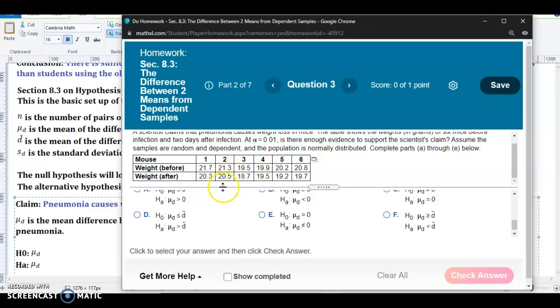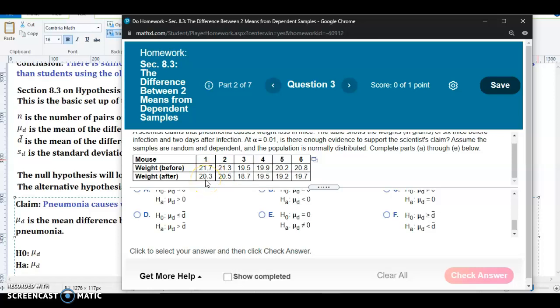So our sample data seem to support the hypothesis that weight loss occurs after being infected with pneumonia. For example, one of the mice had a weight of 21.7 before being infected, but then their weight went down to 20.3, 2 days after infection. Okay, so on and so forth. So basically, if the before weight is higher than the after weight, that means weight loss occurred.